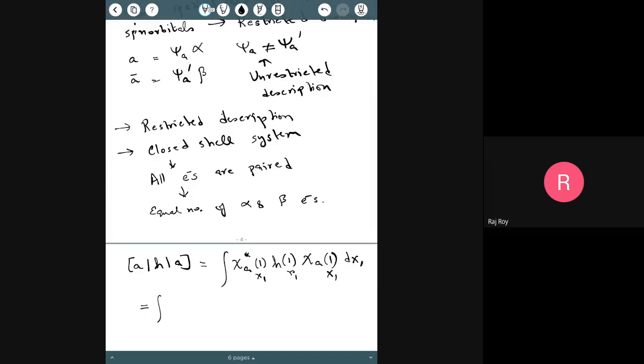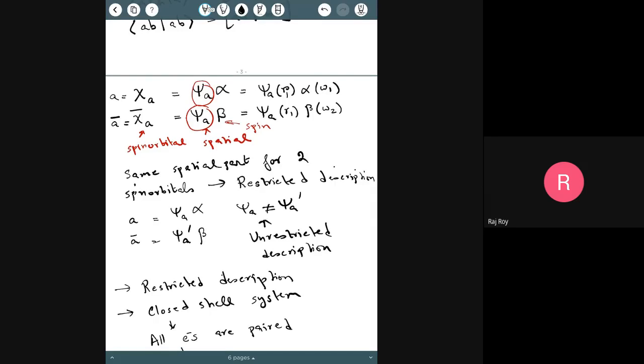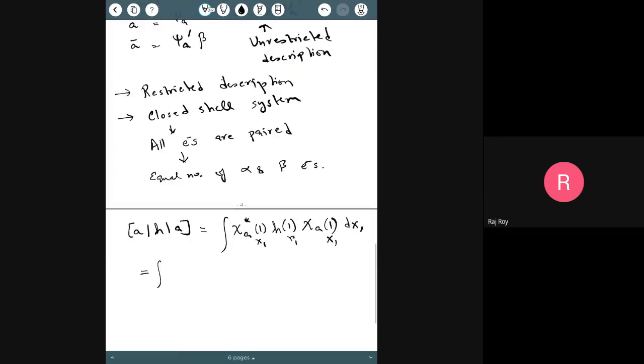Now using the definitions for the spin orbitals, I can open them out. R1, H, R1, and then I have the integration over the spin coordinates. Since there are no bars here, they are both alpha.